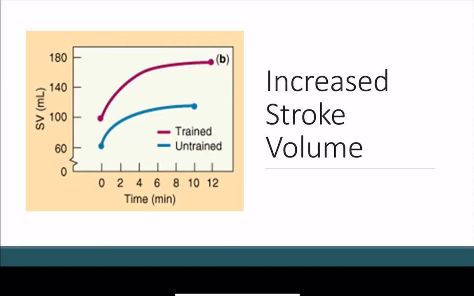which is absolutely what we see when we compare trained in red to untrained in blue, that there is an increase in stroke volume in response to training. And what is important to note in this graph is there is a difference in stroke volume even before the exercise began. So we see a change in stroke volume even at rest, which can be beneficial when we're really thinking about applying these cardiac adaptations to our patients who have cardiovascular disease.